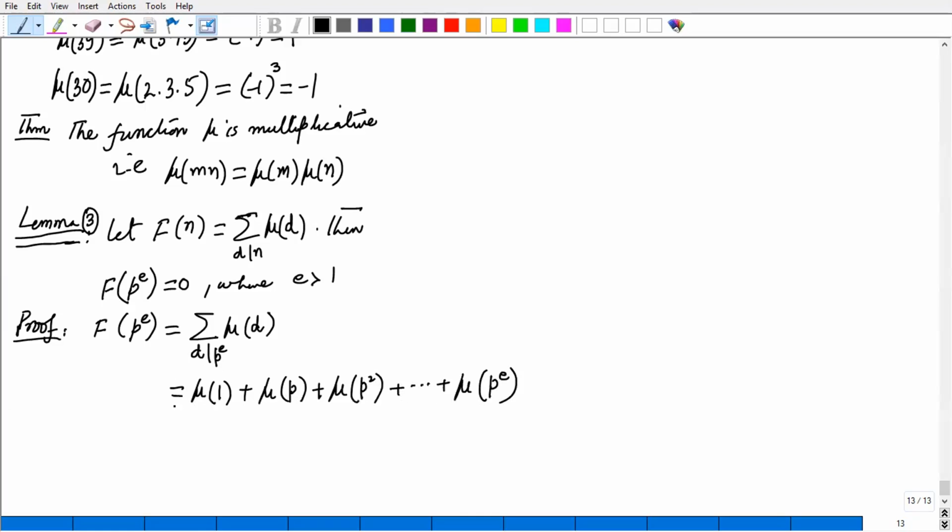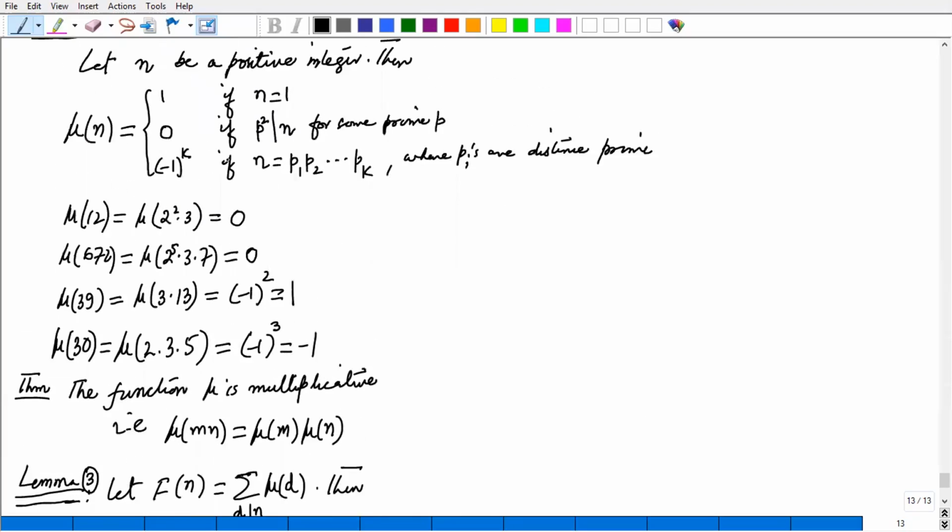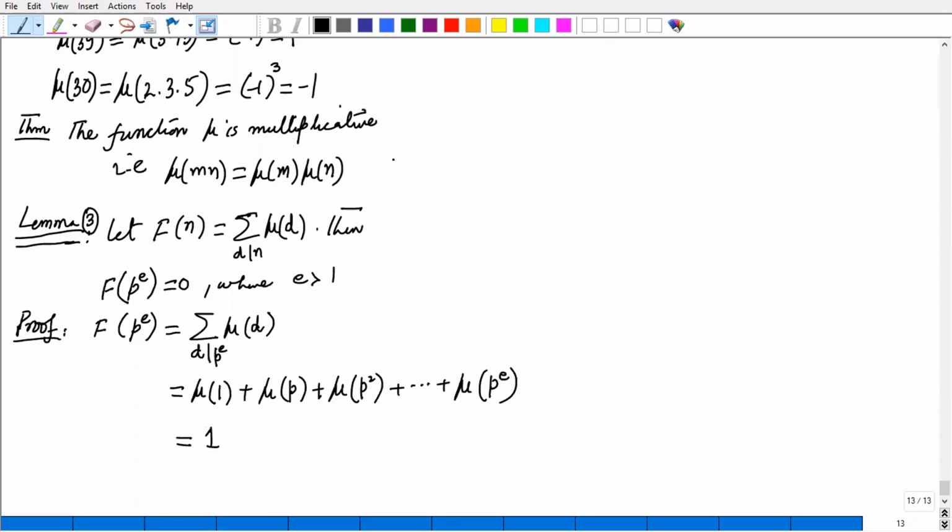Now, by definition, we know that mu of 1 is 1. For mu of p, we have to apply the third definition here. Because we have only one prime, k is 1, so this can be written as minus 1 to the power 1.